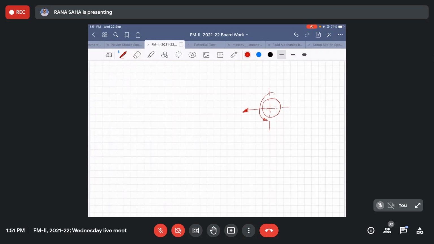So this can be thought of by fixing the coordinate axis with the ball. The situation will be something like this, where the ball is only having a rotation. And if you look from here, the ball is here, and this is moving at a velocity. Say it has attained a steady velocity.